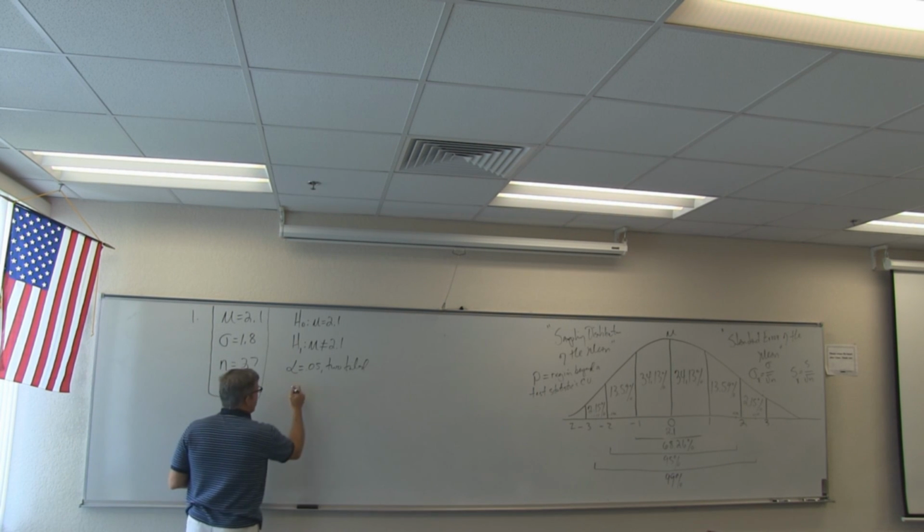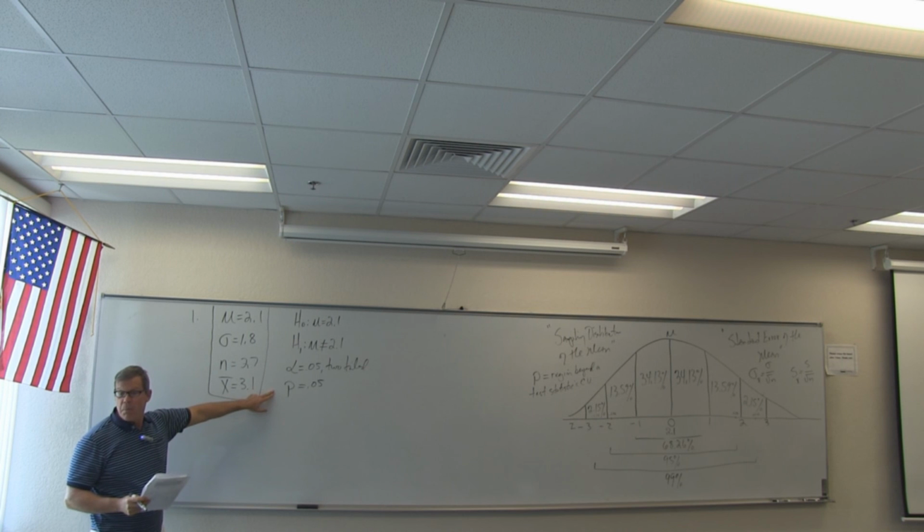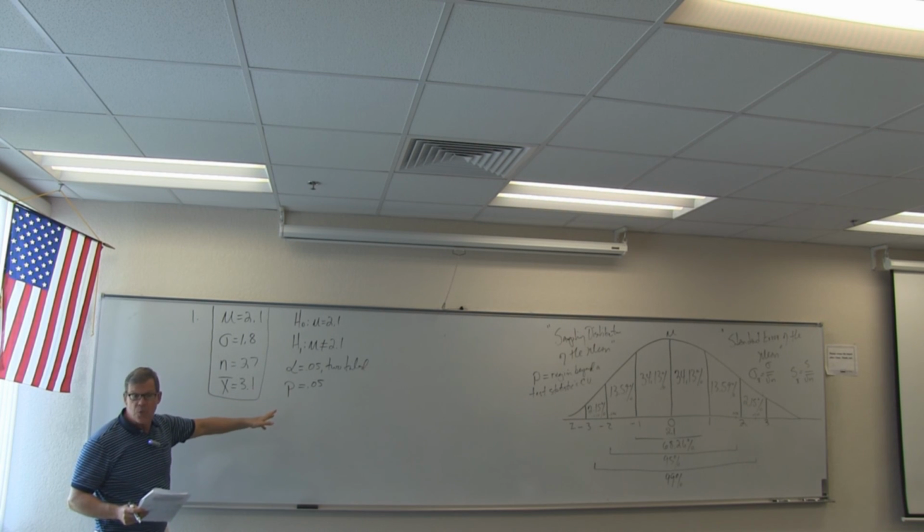We know that before we run any statistical test, p equals alpha. It's going to change. P will either be less than alpha, in which case we reject the null, or p is going to be greater than alpha, in which case we accept the null.